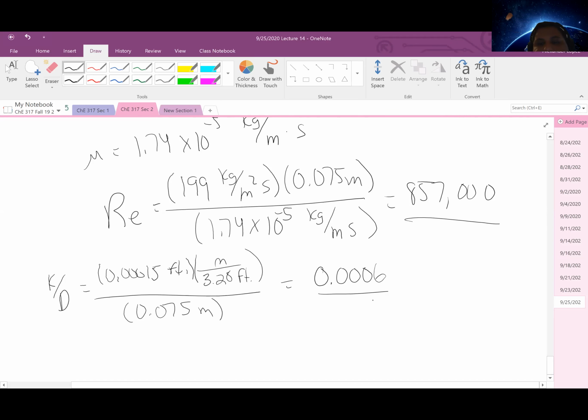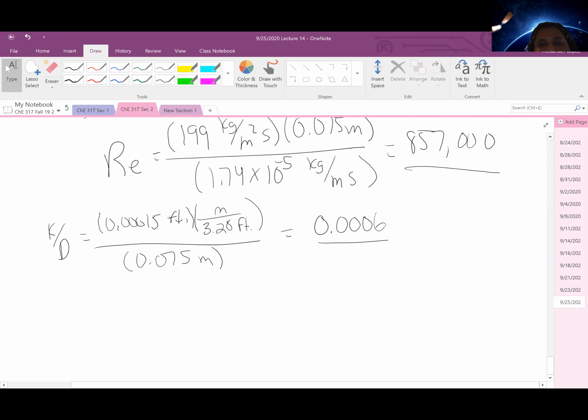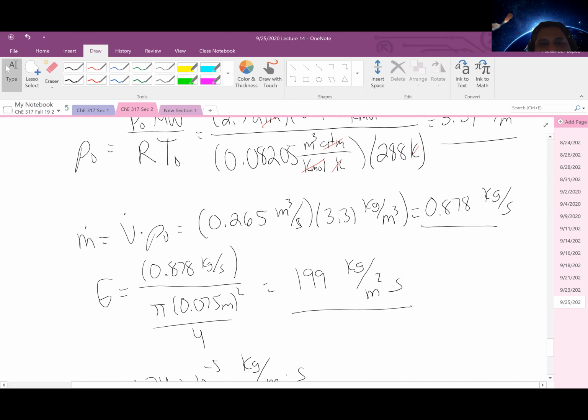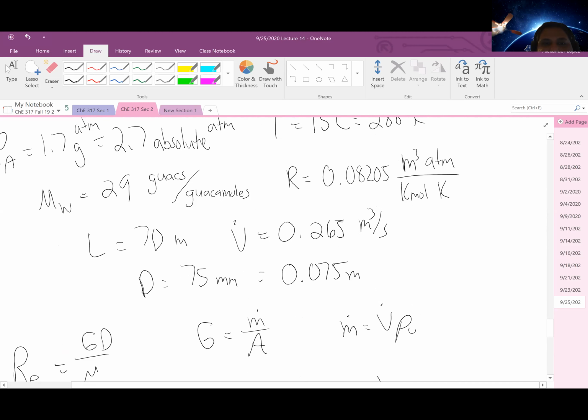So with this in mind, now we have a Reynolds number, now we have our relative roughness value, and we can solve for our friction factor. Our friction factor from our figure is about 0.0044. And so we just did a whole lot of work for one term in our expression.